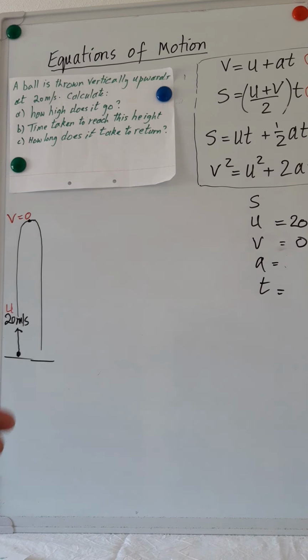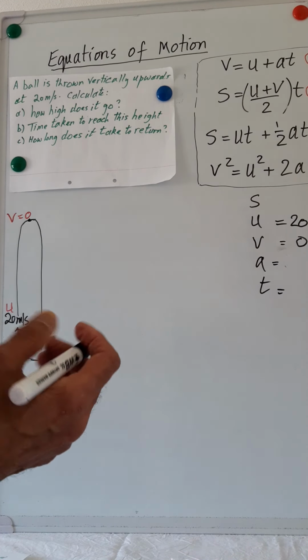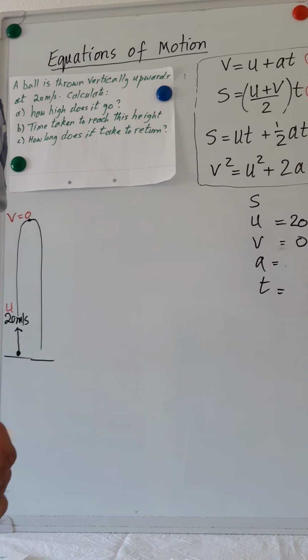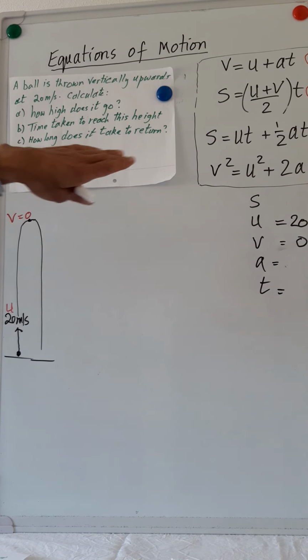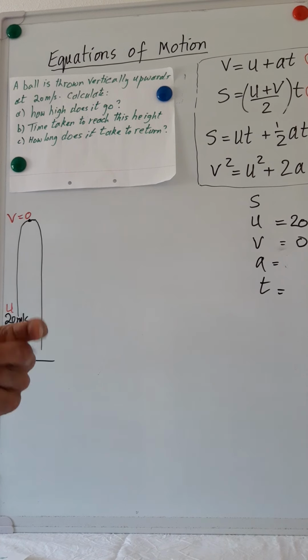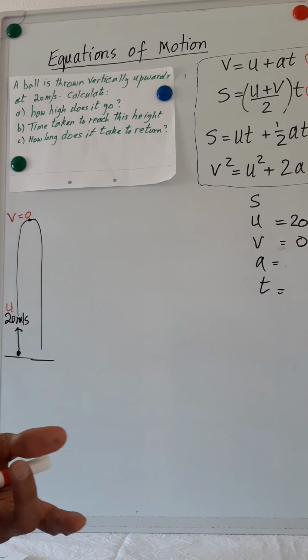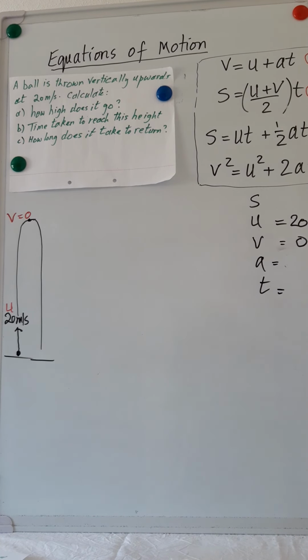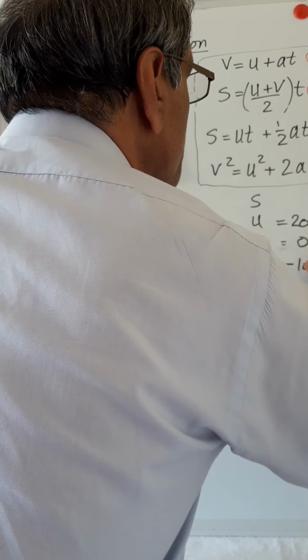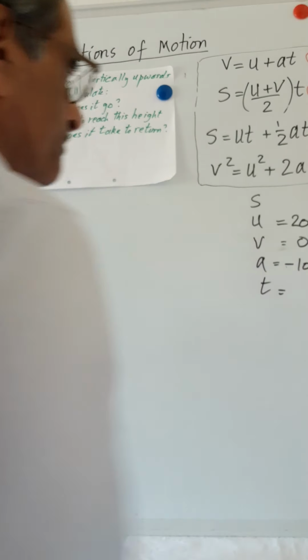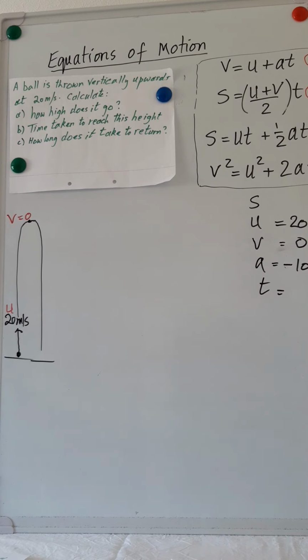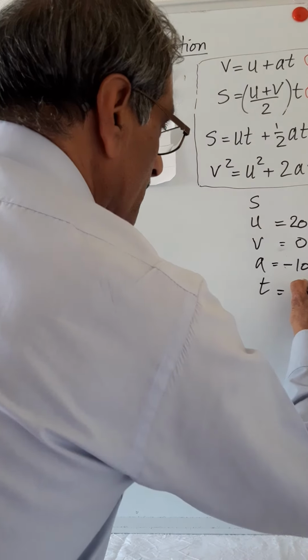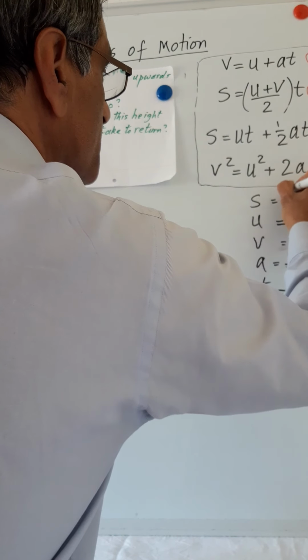Now remember, acceleration is due to gravity. When the ball is moving upwards, the gravity is decelerating it, slowing it down. So the acceleration due to gravity is 9.8 or 10. In this case, it's a deceleration, which is minus 10 meters per second squared. And we don't know the time, and we don't know the distance.